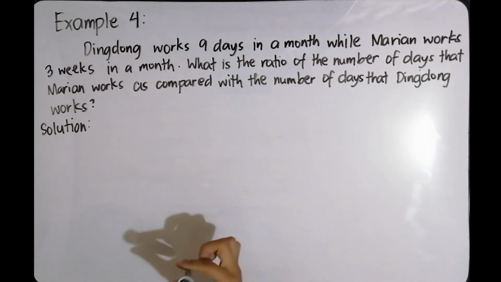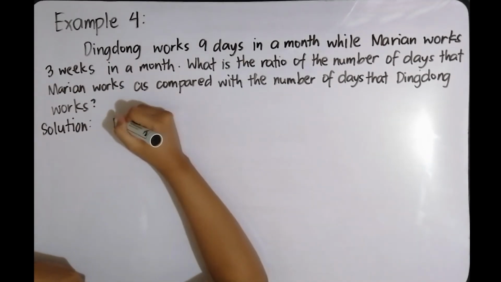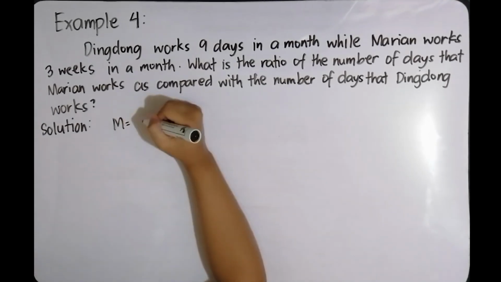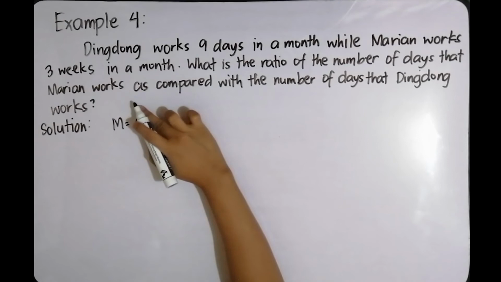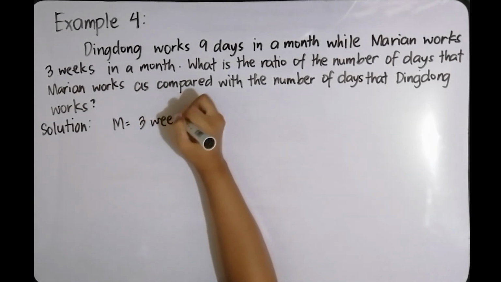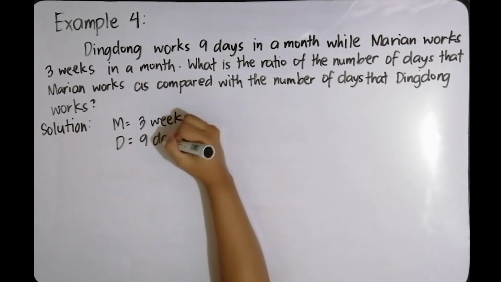Our given here for Marian, let's use M for Marian, we have 3 weeks, and for Ding Dong we have 9 days.